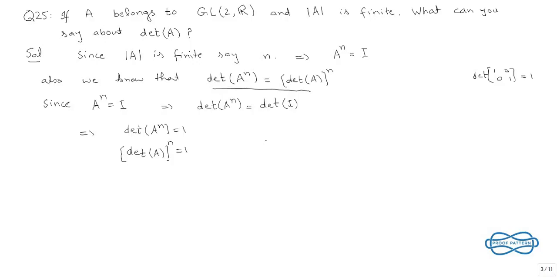If we let the determinant of A be x, then we get that x raised to power n is equal to 1, and this means x raised to power n minus 1 is equal to 0.